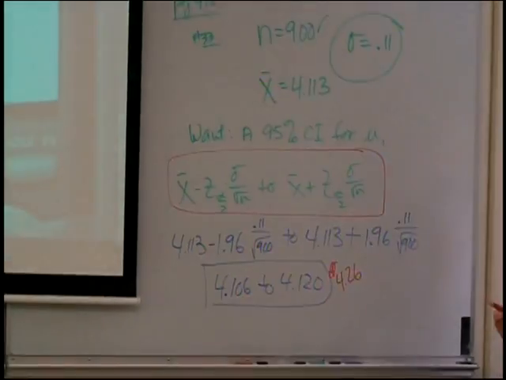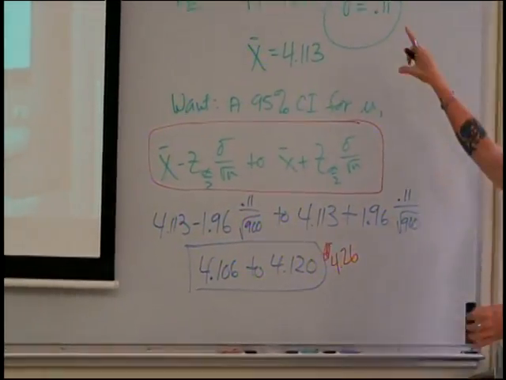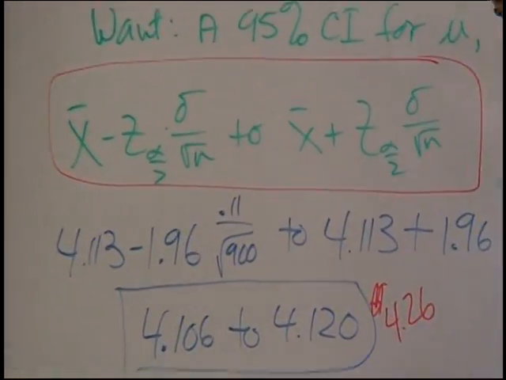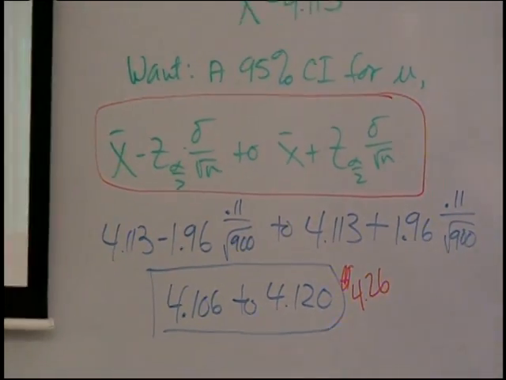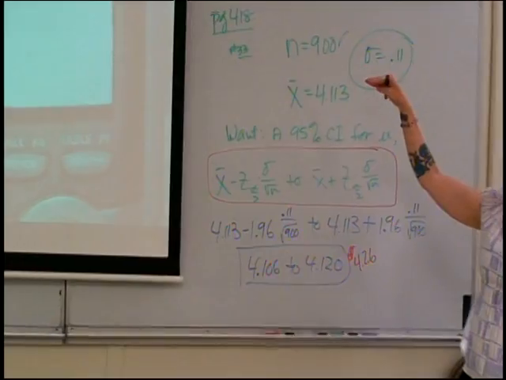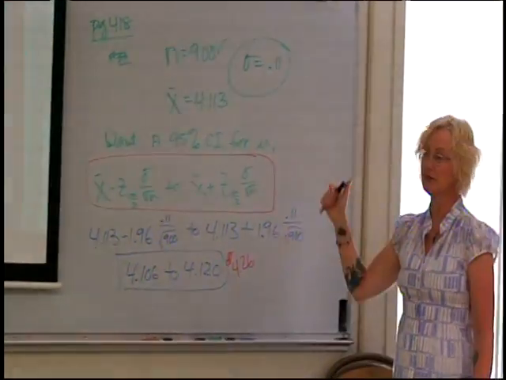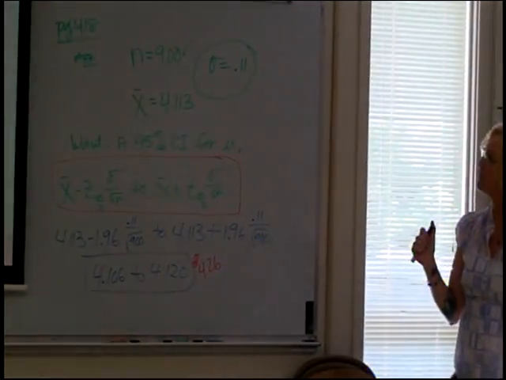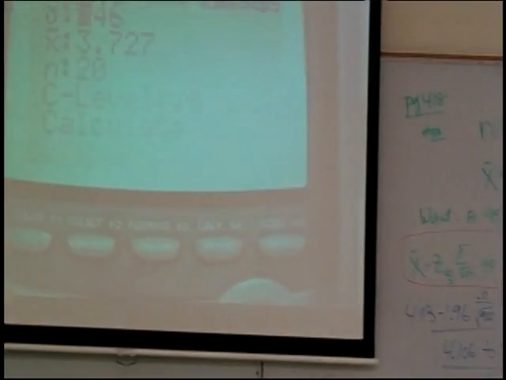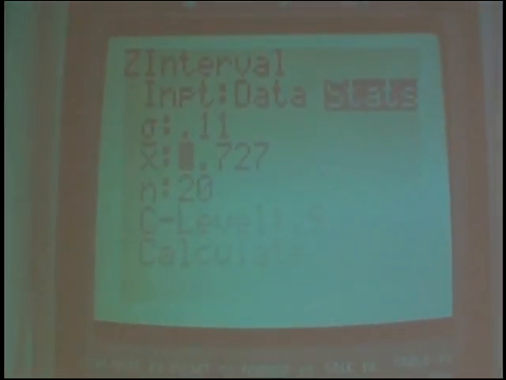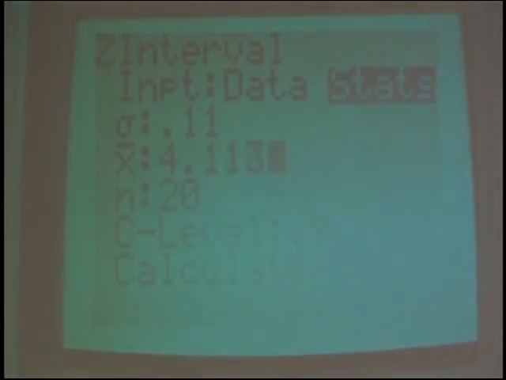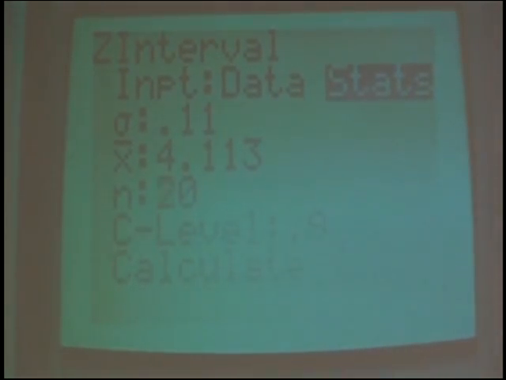Once you get in here, if you have the data to enter, you want to choose stats. If you have raw data, you want to choose data, and then it'll ask you for the list where your data is kept, and you'll enter that. So sigma, 0.11. X bar, looks like we've got 4.113. N was 900. And then you're going to enter your confidence.